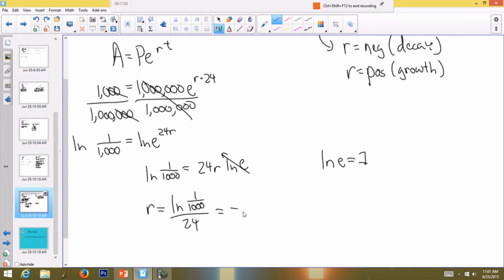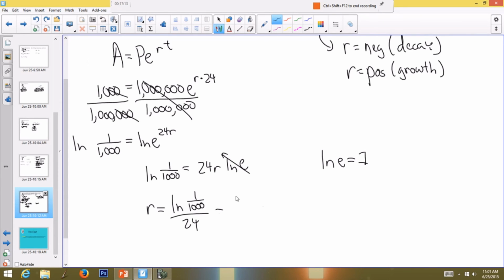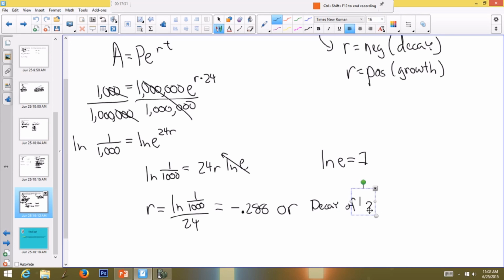So r is equal to negative 0.288. Or a decay of 28.8% per hour.